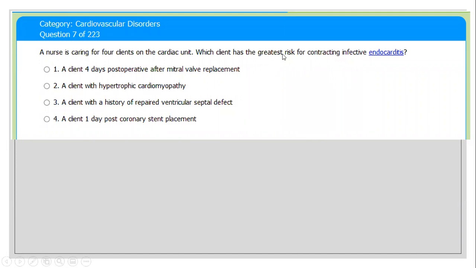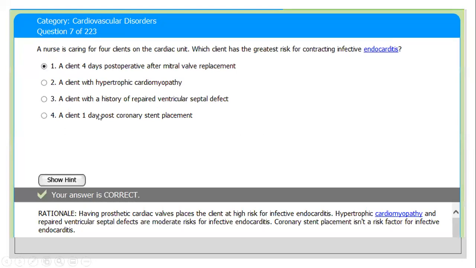So the greatest risk of contracting infective endocarditis. Read this keyword and you can get some ideas. Endocarditis is an infection, infective. It is inflammation of the inner layer of the heart, the chambers and valves, usually caused by bacterial infection, right? So out of 4 patients, which patient tends to get infection?